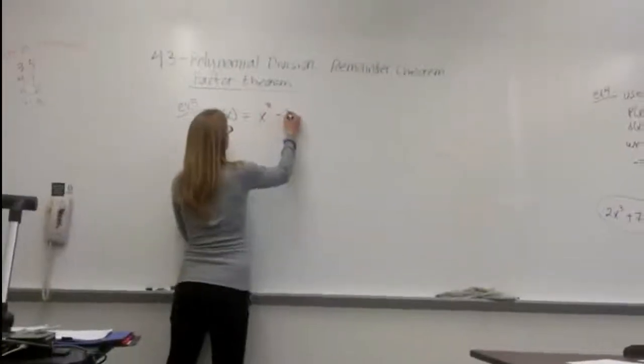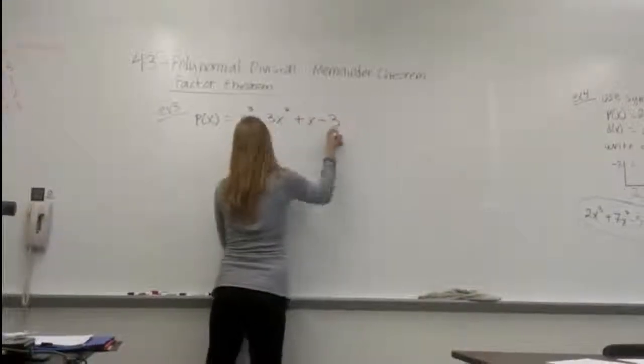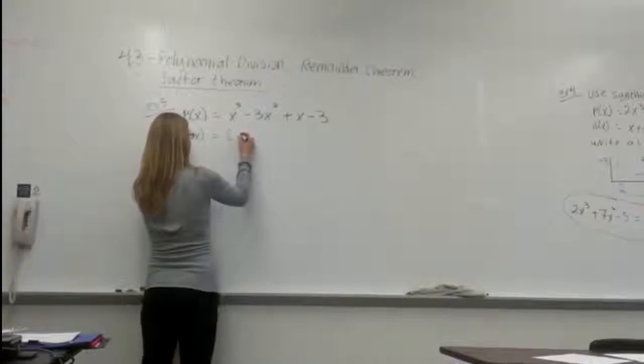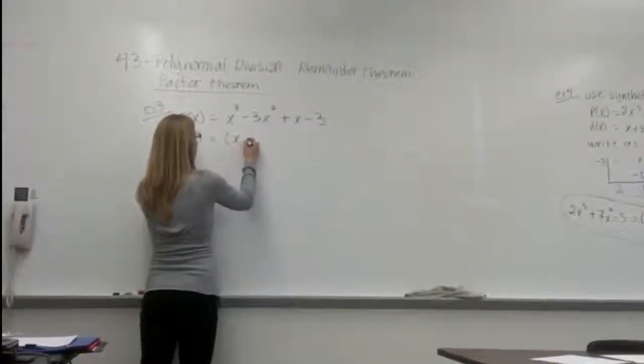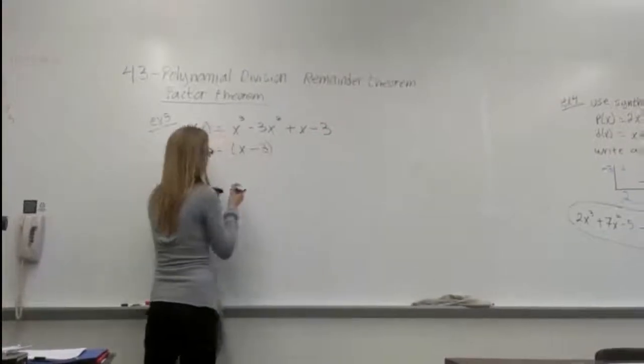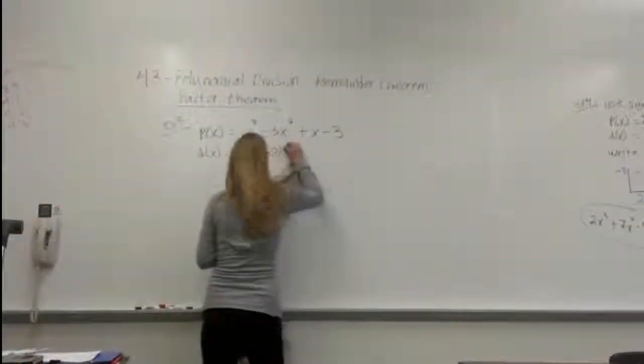x cubed minus 3x squared plus x minus 3. And my d of x is going to be, we'll just do x minus 3. Make it simple.